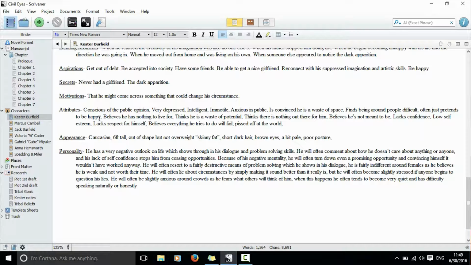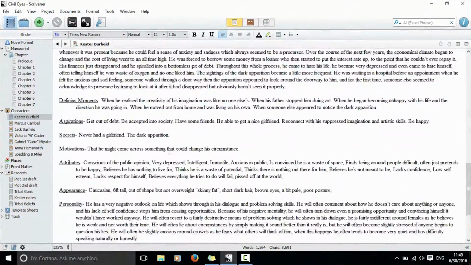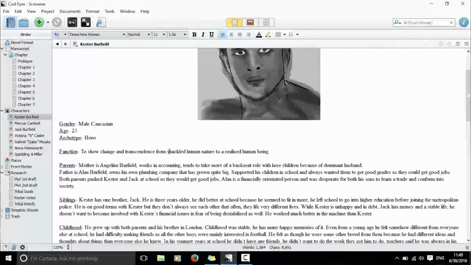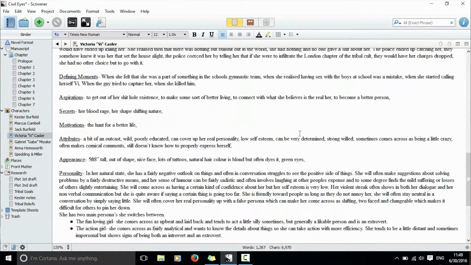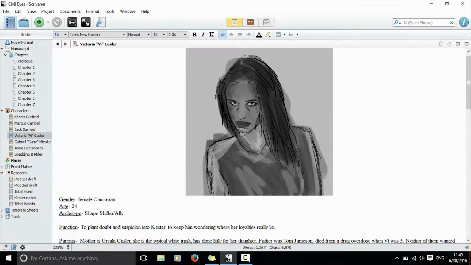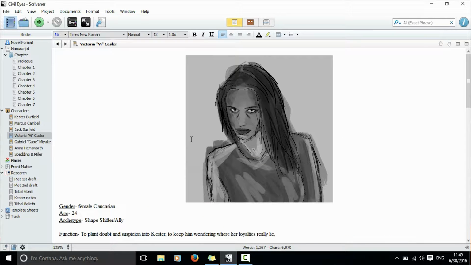But you can see this is a fairly long-ish profile for the character. If we look at one of the other characters, it's not quite as long. We can see here the archetype of this character, shapeshifter and ally, because the main character, Kester, can't really tie her down.